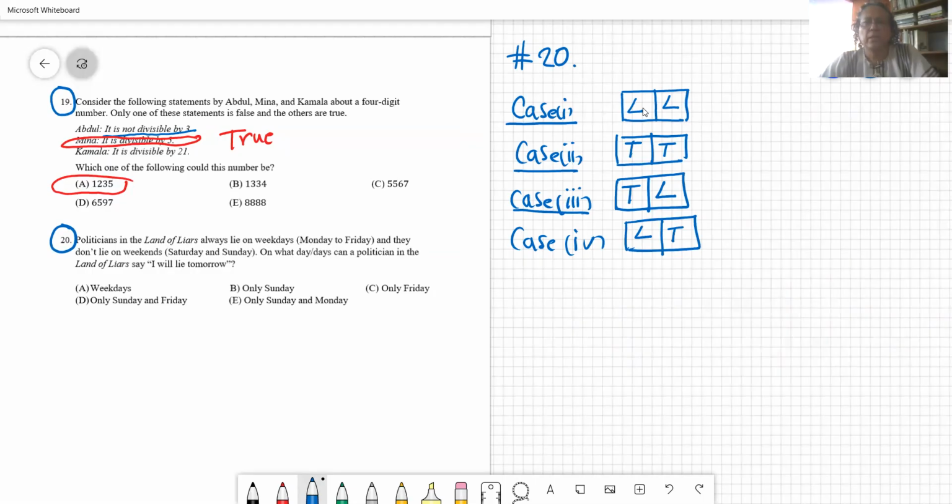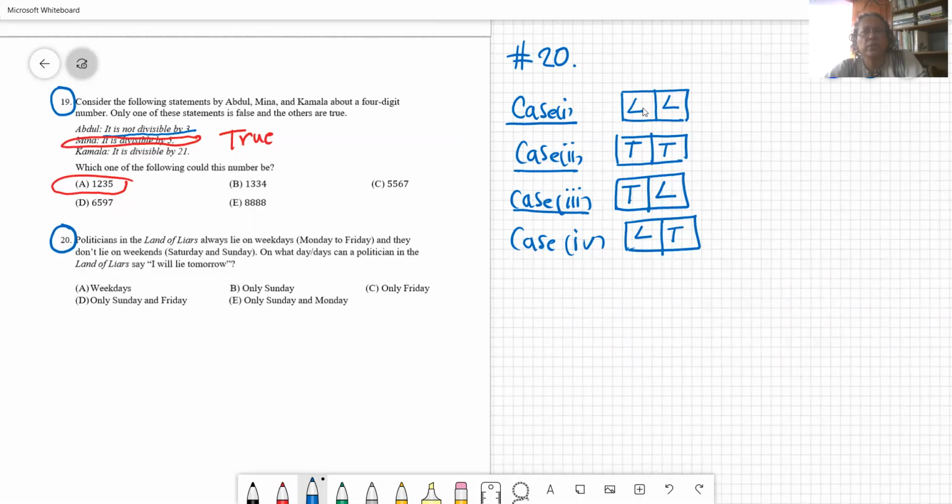And let's look at, in these 4 cases, in which cases he can say that statement on the first day. Now, if both days are days on which he lies, and he says, I will lie tomorrow on the first day, and that day he lies, then he has to tell the truth on the following day, because he told a lie.